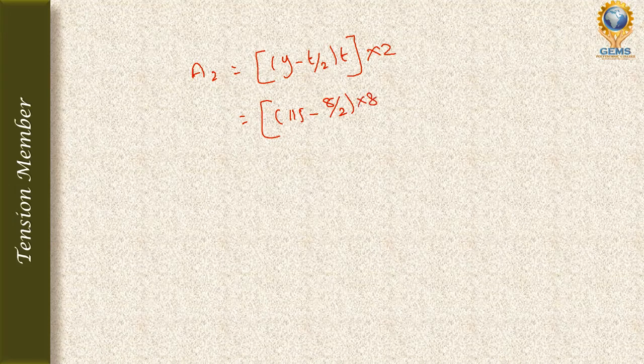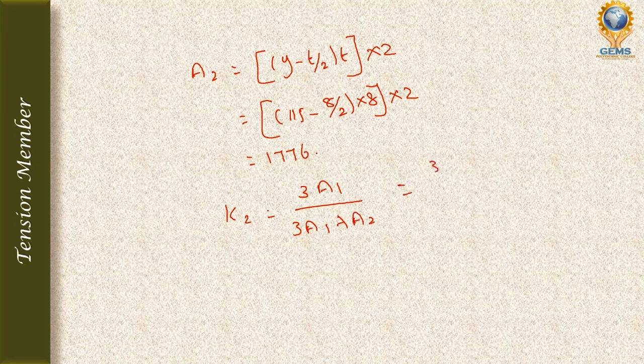Then what is the area of 2A2? That is (y minus t by 2) into t into 2. So how much? (115 minus 8 by 2) into 8 into 2. So it comes as 1776. Till this point, conditions A and C are the same in finding A1 and A2. But the reduction factor is different: 3A1 by 3A1 plus A2.